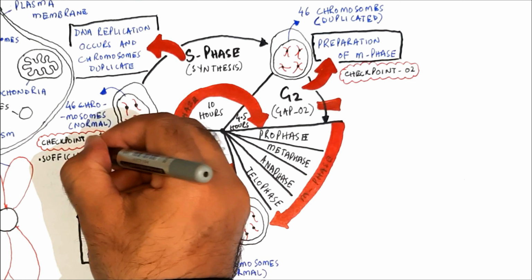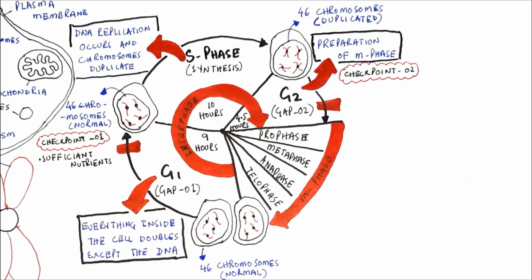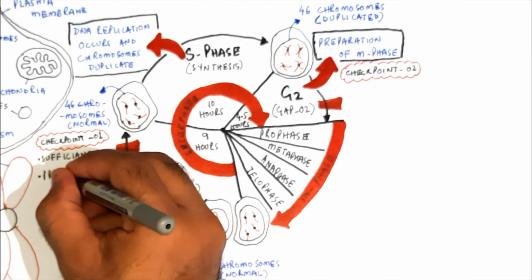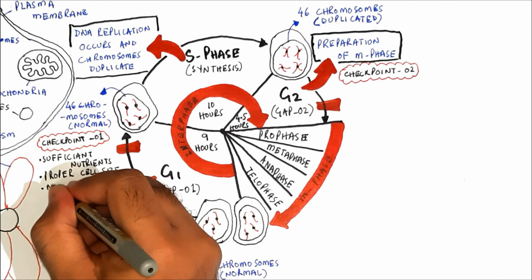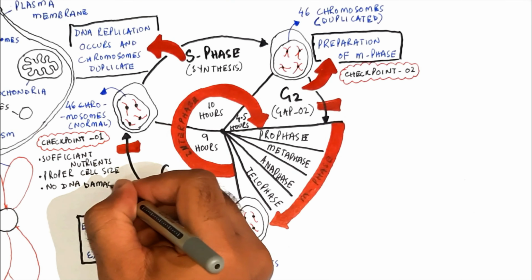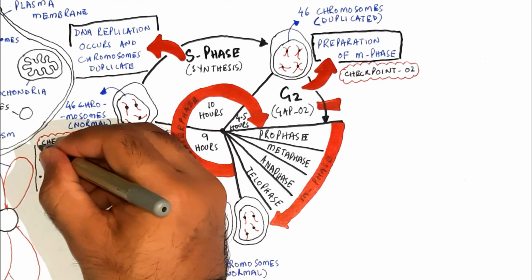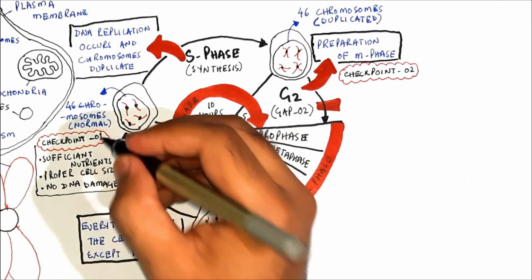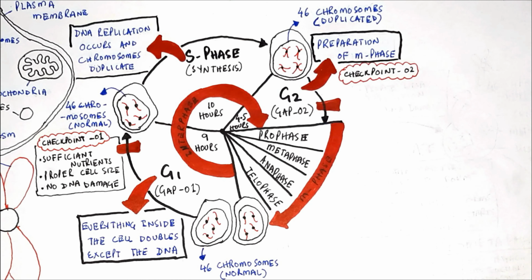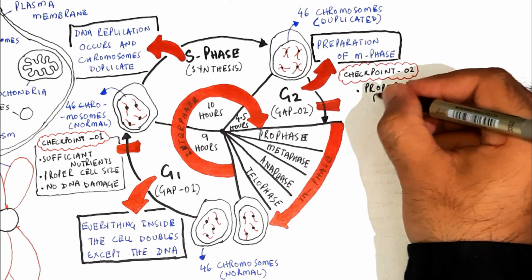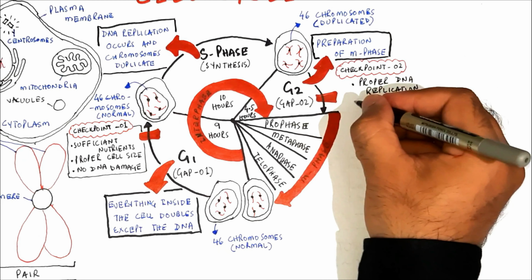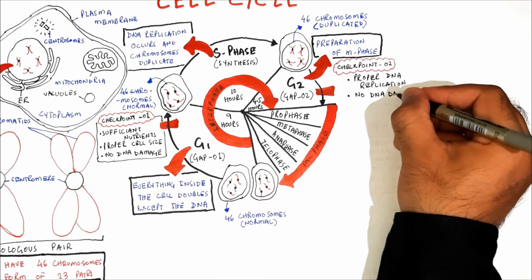Checkpoint 1 checks that there are sufficient nutrients, the cell has the proper size, and there is no DNA damage. This G1 checkpoint, checkpoint 1, happens right after G1. Now looking at checkpoint 2. Checkpoint 2 normally checks whether the replication of DNA has occurred properly, and that there is no DNA damage.